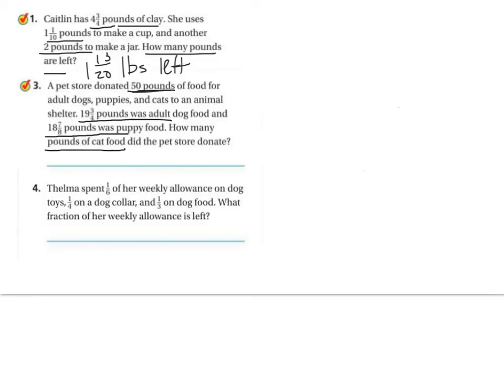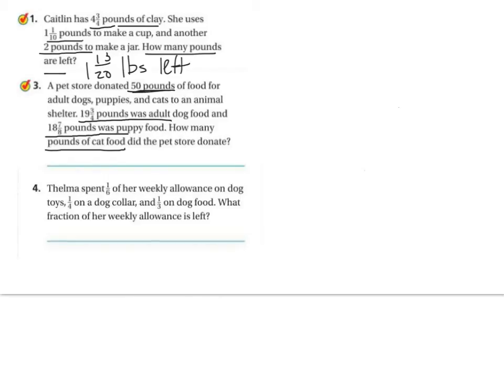Finally, I need to think to myself, what strategy do I want to use to solve for this? Again, I could start by thinking, well, I know the total amount, and I know that there are 3 parts that add up to equal it. I could work backwards using subtraction from that total to solve for the missing amount of food.